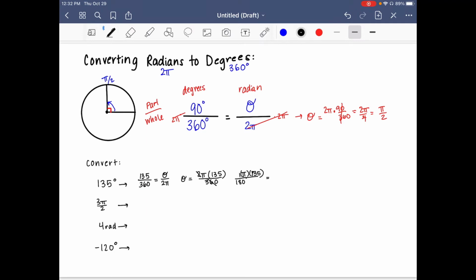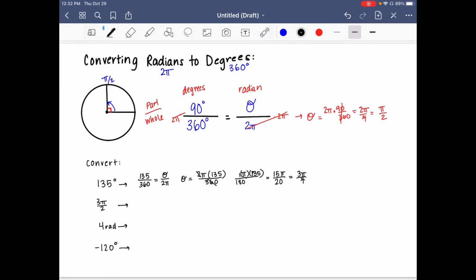Now I'm thinking I can divide 180 by 9 and 135 by 9. When I do that, I get 15, still pi, over 20. I can simplify both of those by 5, and I get 3 pi over 4.